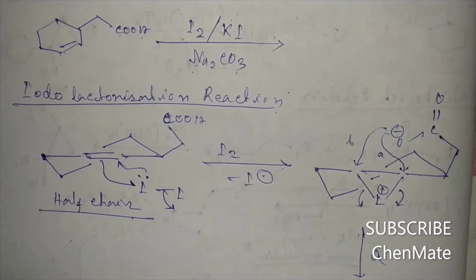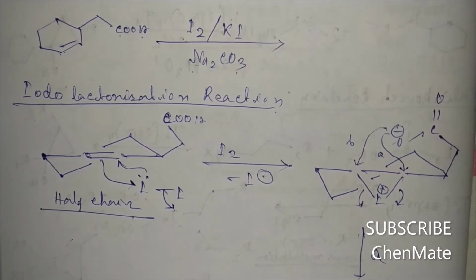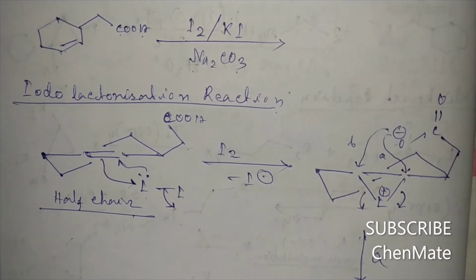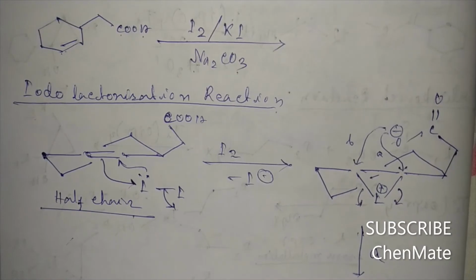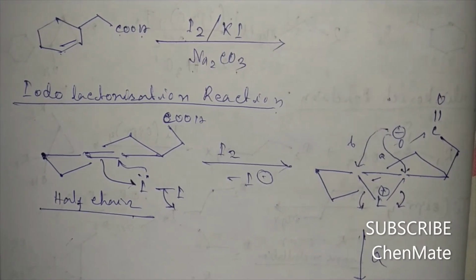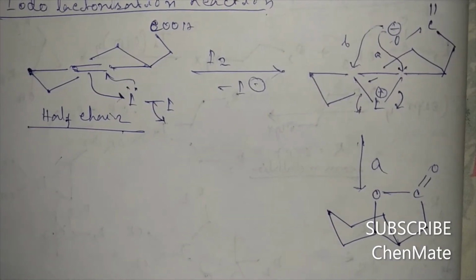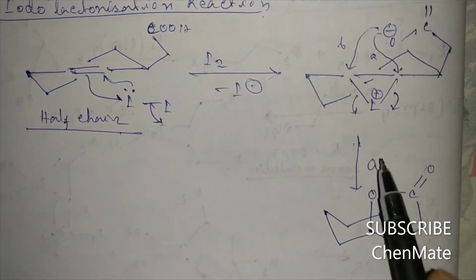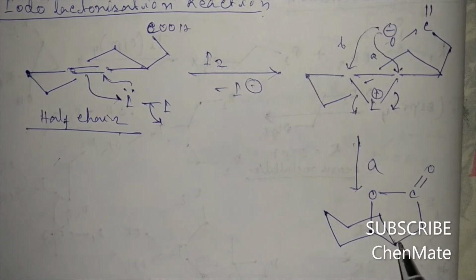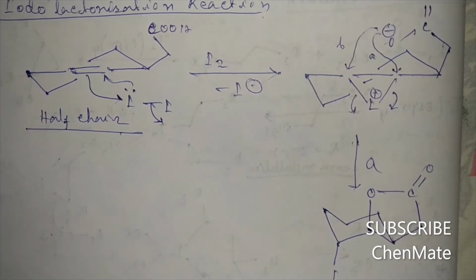So a chair conformation will result. Here there is oxygen, CH2, C double bond O. And iodine will be here.